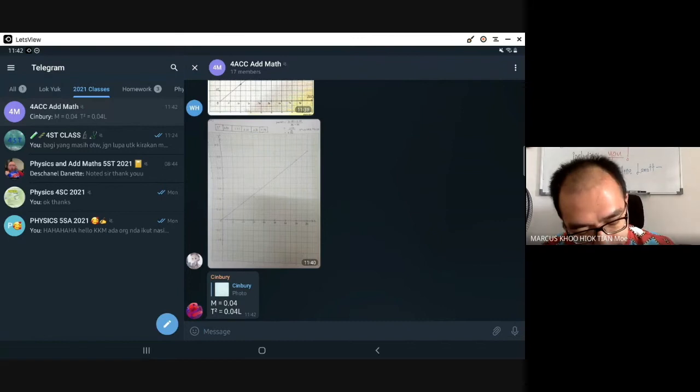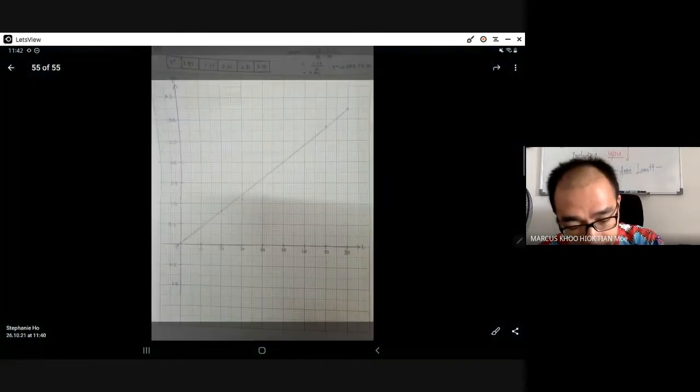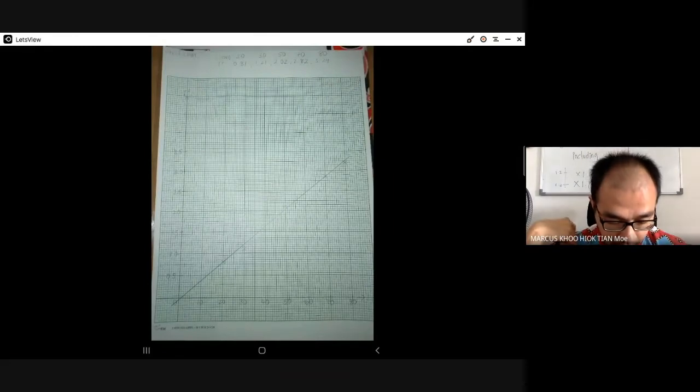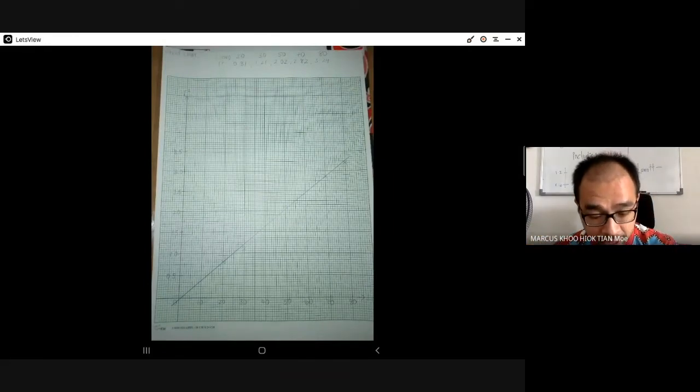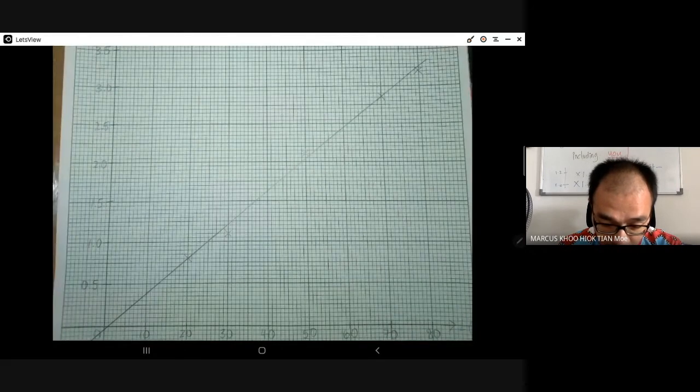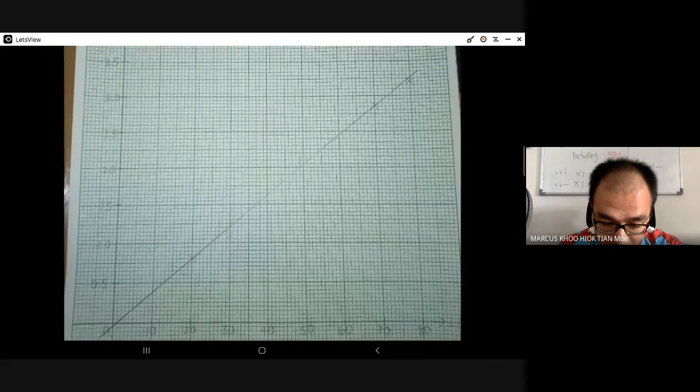M is 0.04, so the equation is t squared equals to 0.04L. Okay, almost the same as Stephanie's one. Stephanie's one is 0.041. Table is there. Graph looks good. Doesn't really hit 0, but okay. In terms of best fit, I think it is an okay best fit.